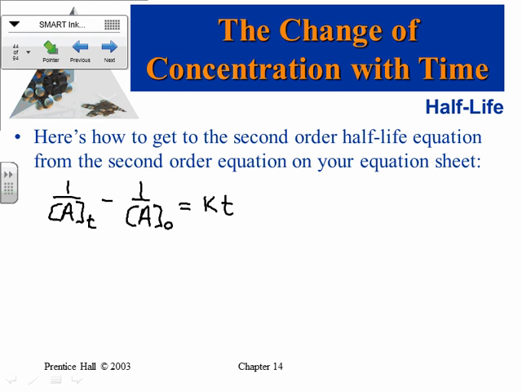Equals KT. Okay. So then on this one, you can plug in any number you want, and it'll be fine. We can use 2 and 4 again. So let's see, 1 over our AT would be the 2, minus 1 over 4 is equal to KT. Okay.